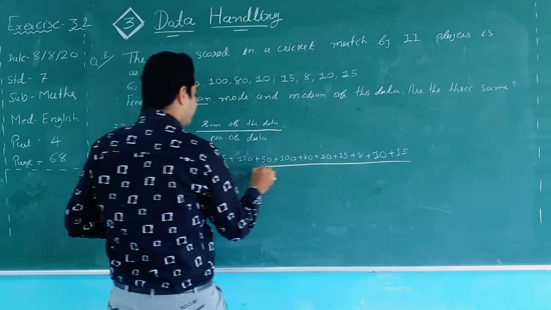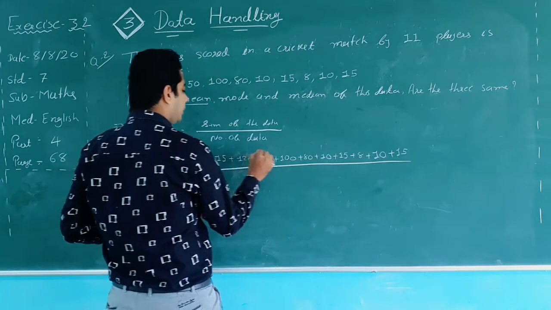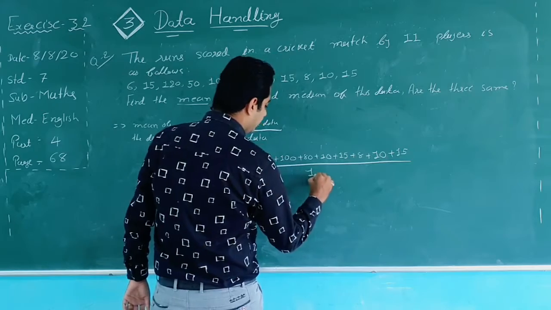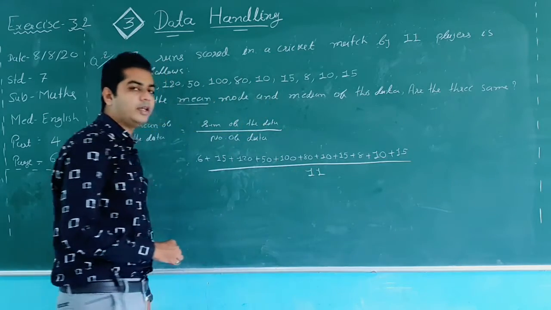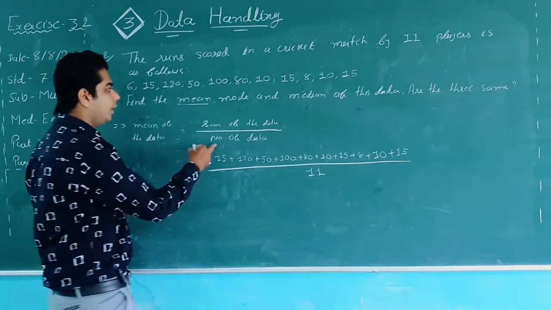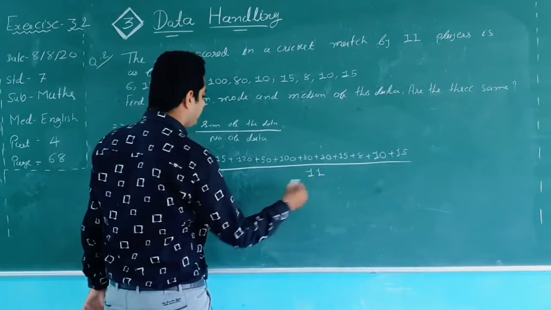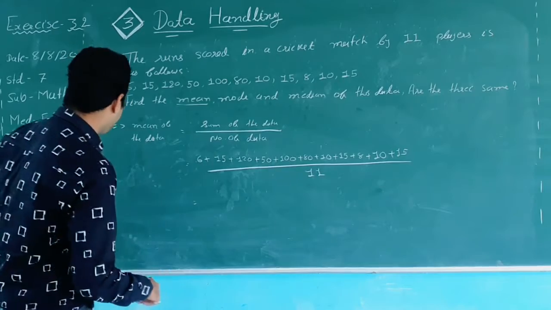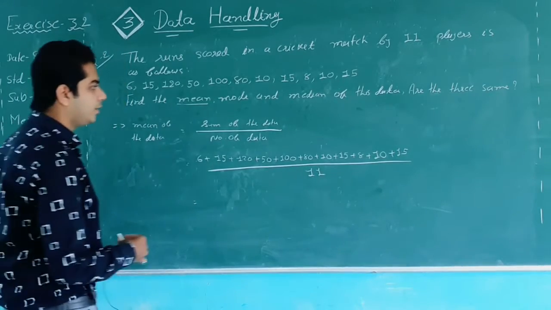So that is 11 scores, 1 2 3 4 5 6 7 8 9 10 and 11 players. That's why it is divided by 11. The number of data is 11, so that's why we divide by 11. Now we will add everything, so let's do the addition.